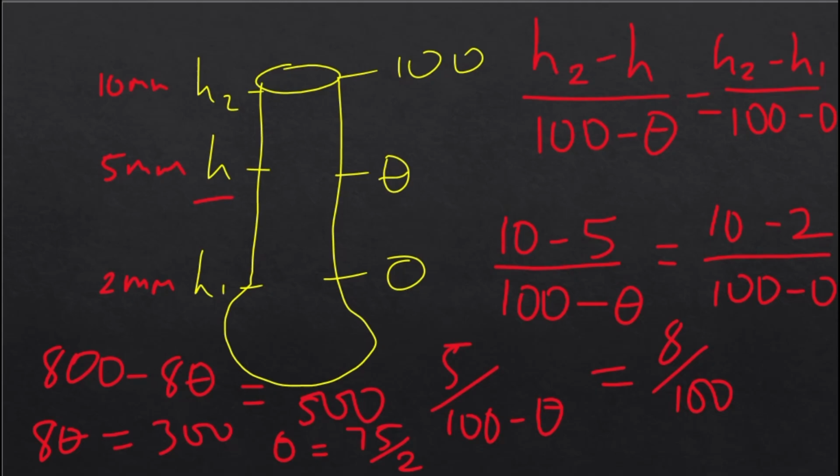If you divide both sides by 8, you end up with theta equal to 75 over 2, which is exactly 37.5 degrees Celsius. And that's how you calculate temperature from an uncalibrated thermometer. You can do this if you go to the hospital and they give you a thermometer without calibrating it.